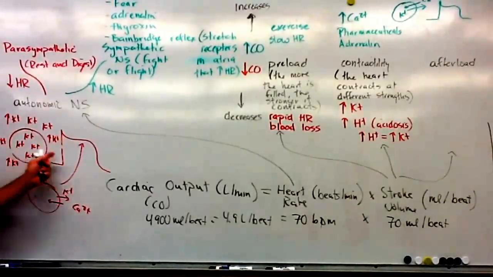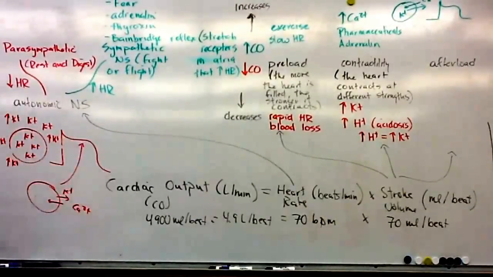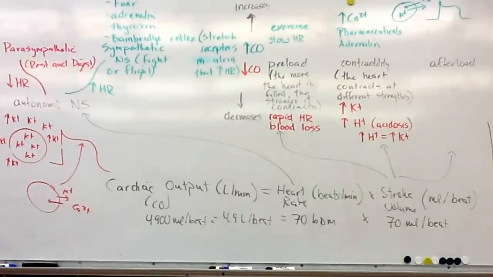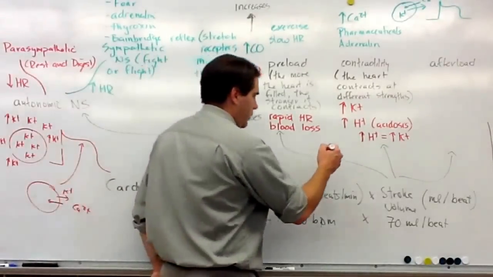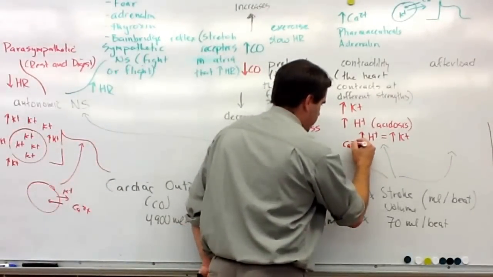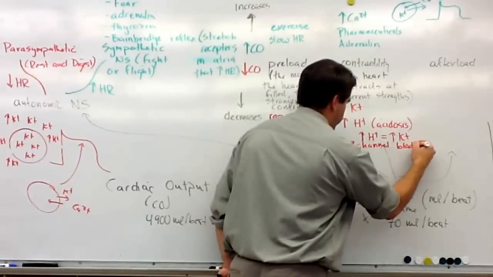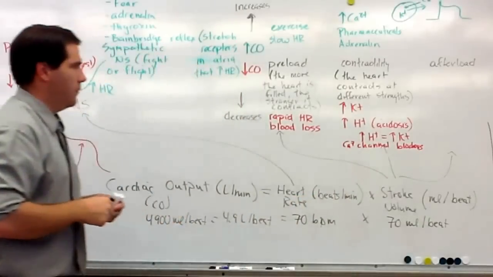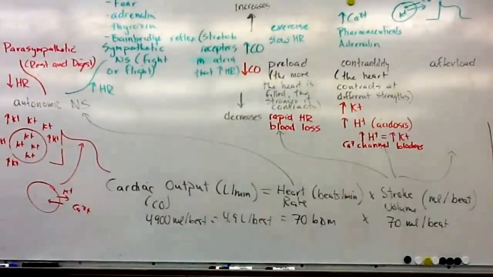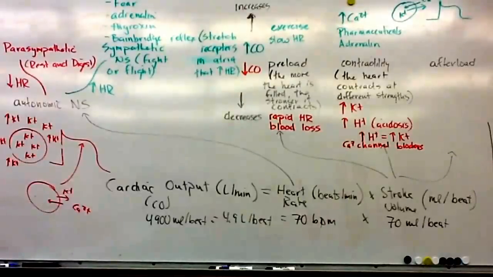If the potassium won't leave the cardiac cell, then calcium cannot come in. If calcium cannot come in, then the heart won't contract. The last one here is calcium channel blockers. So those are the things that affect contractility.